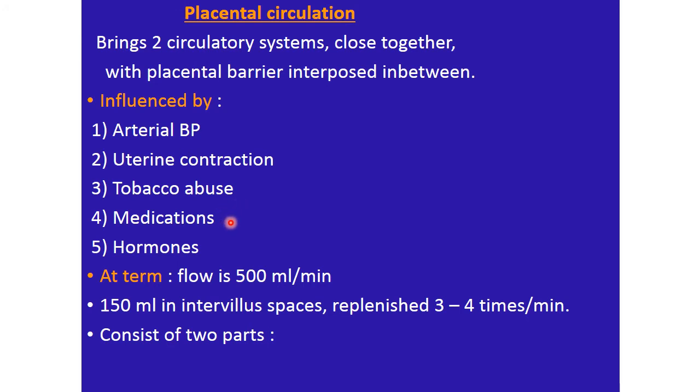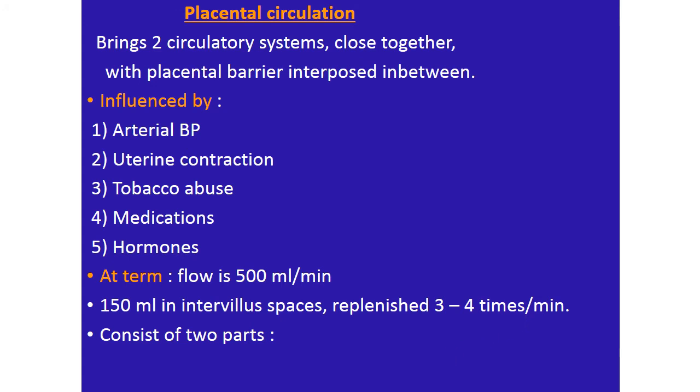And many medications and hormones also affect the blood flow. The blood flow to the placenta at term is 500 ml per minute, and of that 500 ml, 150 ml is always present in the intervillous space, and it is replenished 3 to 4 times per minute.